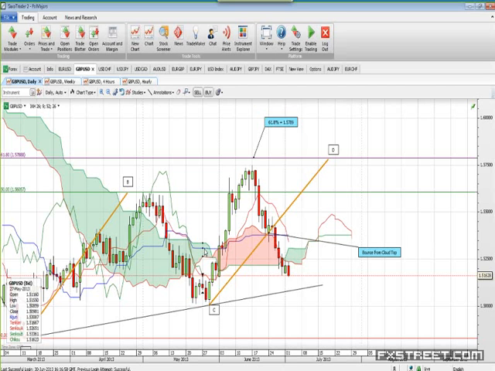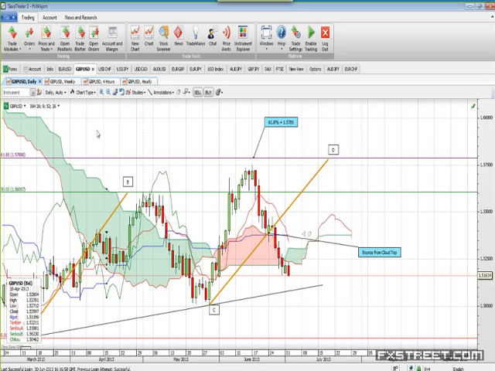So that also dictates that this could well be a false breakout, and we might get a reversal, either up to the previous cloud, or more often than not, the top of the cloud cover.